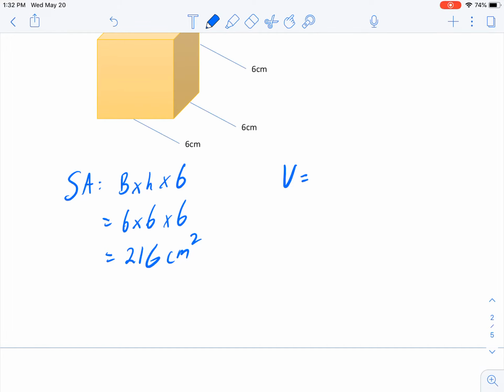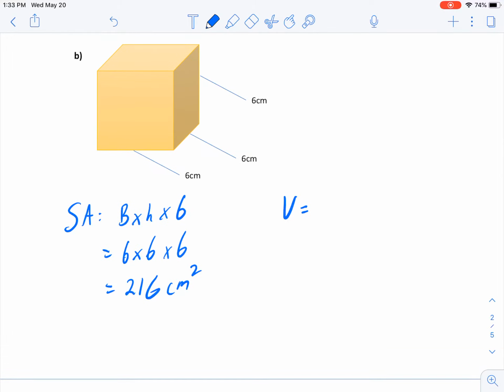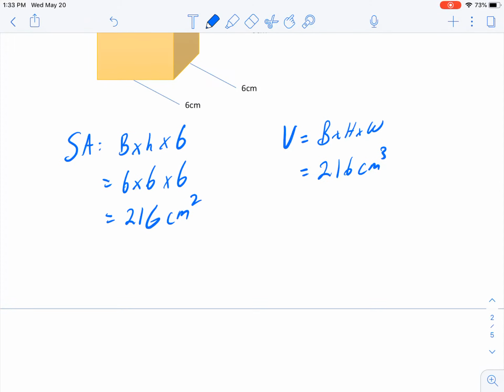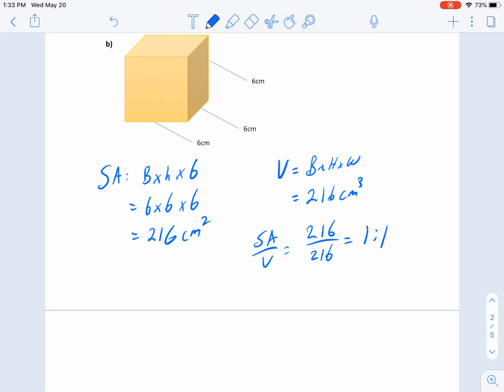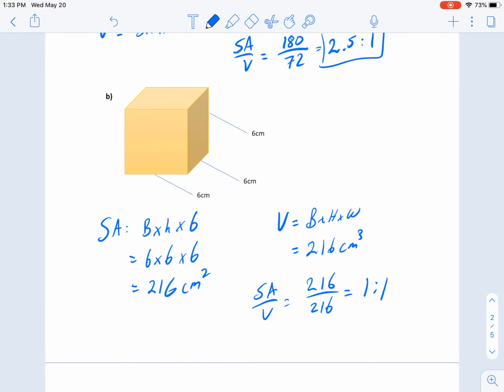Volume is actually the same, 6 times 6 times 6, because it's base times height times width, 216 centimeters cubed. Just coincidence there. Surface area to volume is very easy to calculate in this one because 216 divided by 216 gives me 1 to 1. So for every 1 centimeter cubed of volume, we have 1 centimeter squared of surface area.